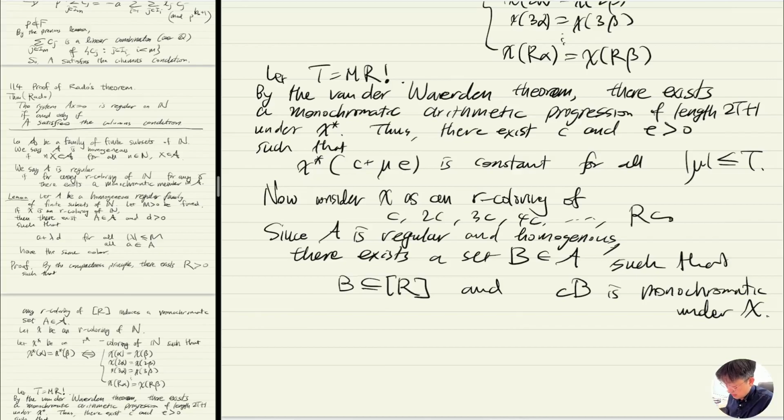I mean, because I had a coloring chi, now I think of another coloring of integers from 1 up to r based on the color of c, 2c, 3c, up to rc. Then since A is regular, there's a set B so that this B is monochromatic under this coloring, which means that c times B is monochromatic.